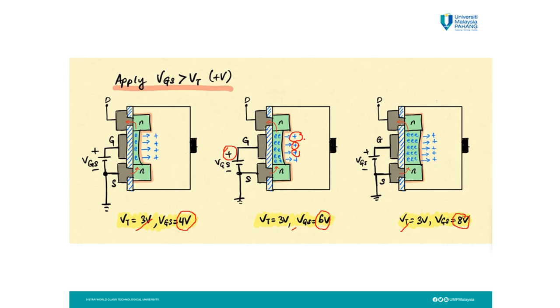The holes in the P type are pushed away, so they go away from this area. Here there are more electrons.